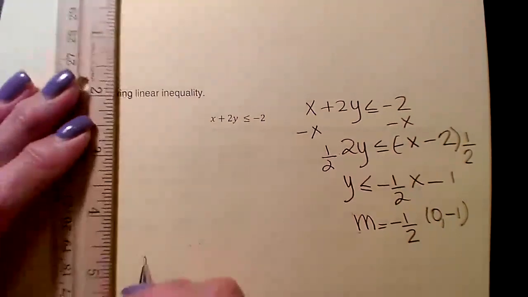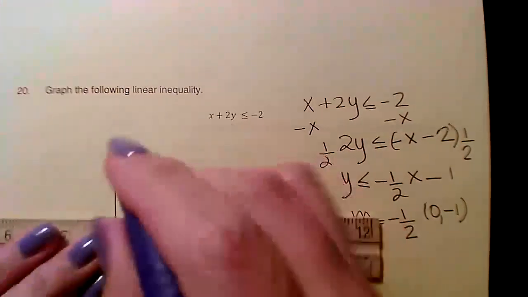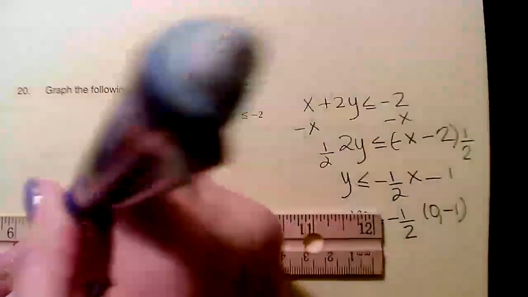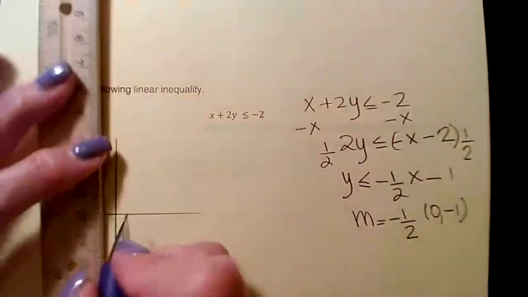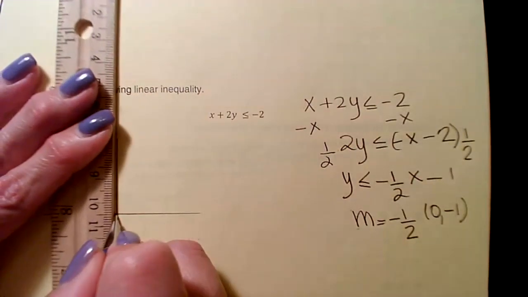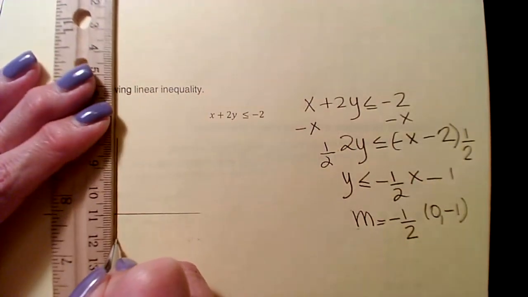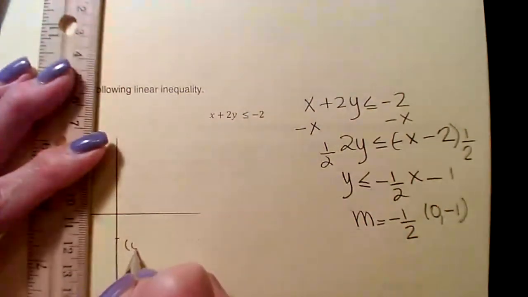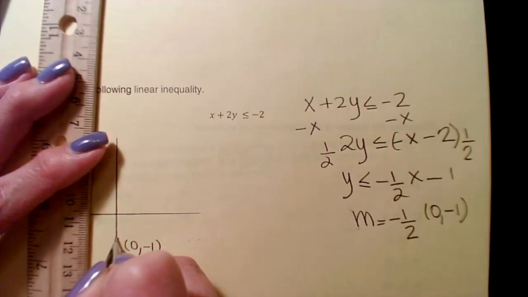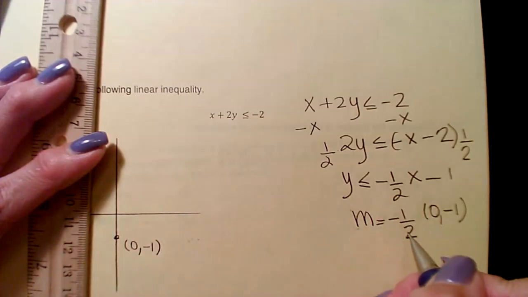So let me do it really quick here. And this is 0, comma, negative 1. But what do we have here? Negative 1 over 2.